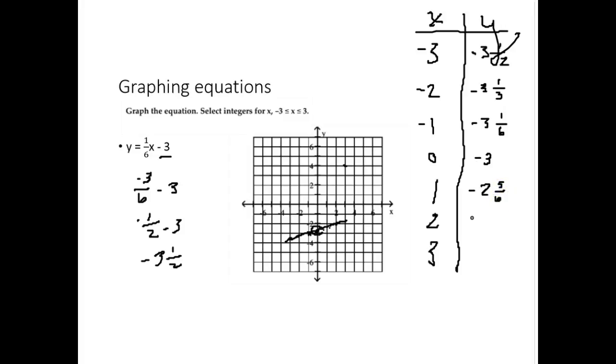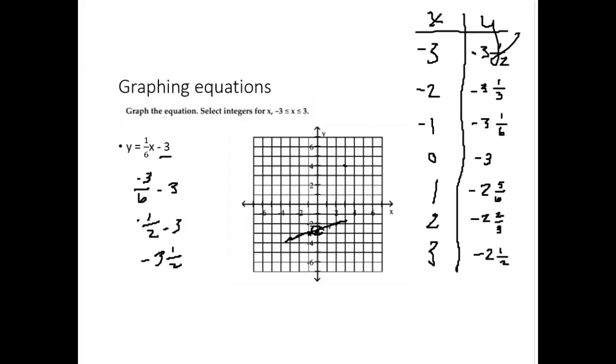For +2, I got -2 and 2/3. And for +3, 1/6 times 3 is 3/6, which is a half. A half minus 3 is -2 1/2.